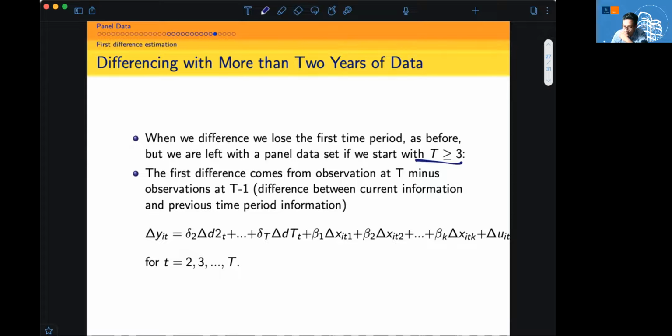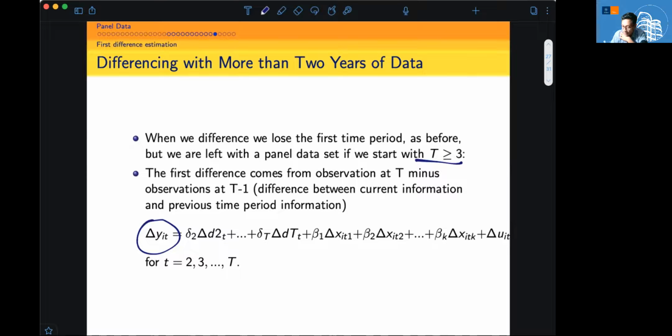So basically you have delta y for T equals 2, and then delta y for T equals 3, which means y3 minus y2. And then delta y at T equals 4 is going to be y4 minus y3.